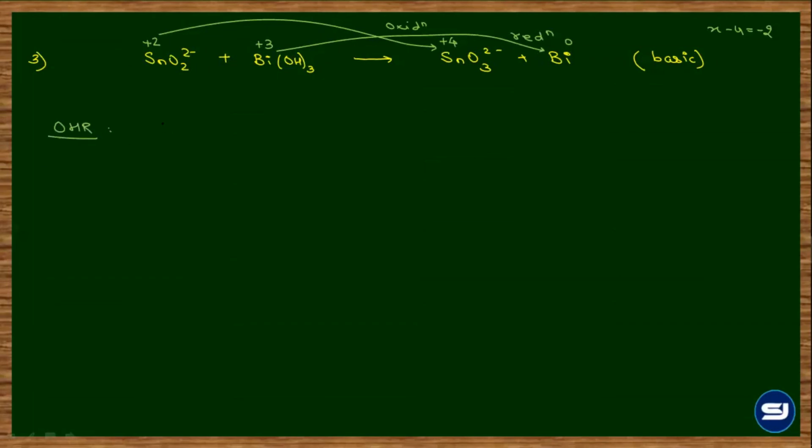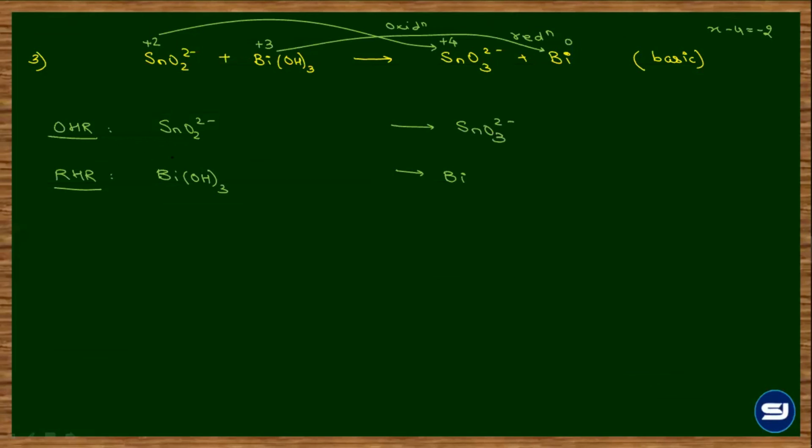The OHR will involve the Sn species, which is SnO2 2 minus giving SnO3 2 minus, and the RHR will include the Bi wala species, BiOH thrice giving Bi. I'm doing all the steps in this only.